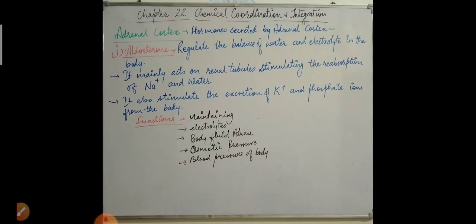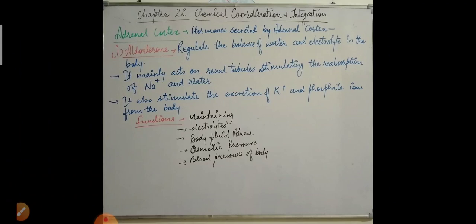This role of reabsorption of water and salt is done by aldosterone, which increases the absorption of water. It also stimulates the excretion of potassium and phosphate ions from the body.